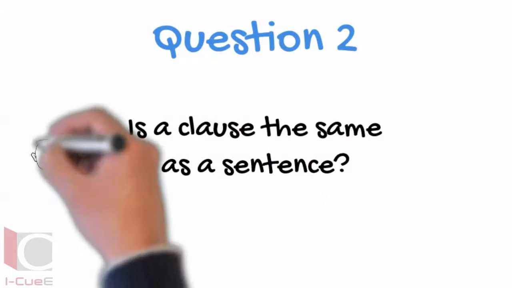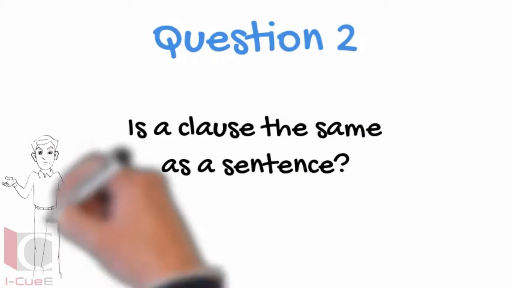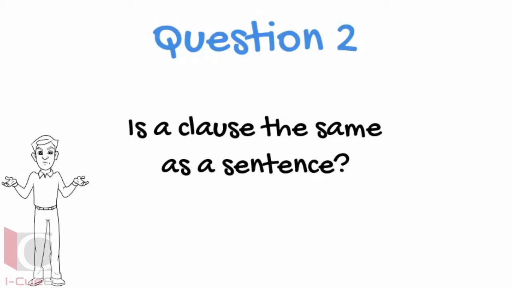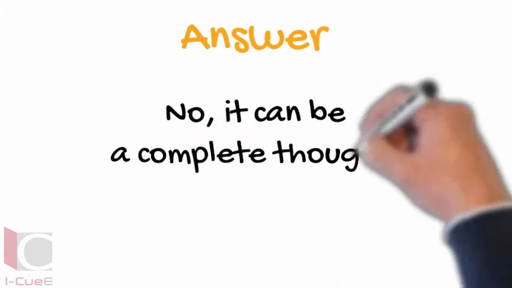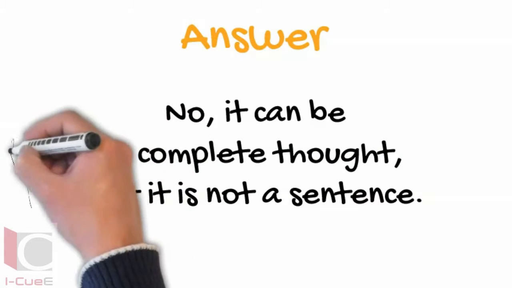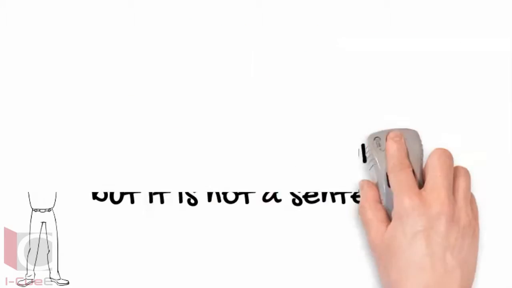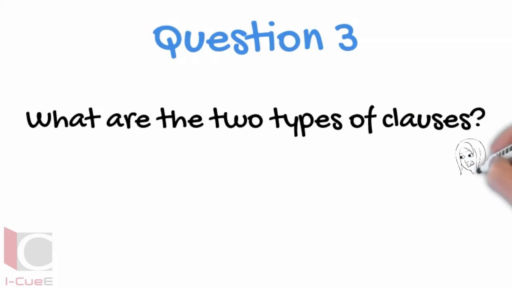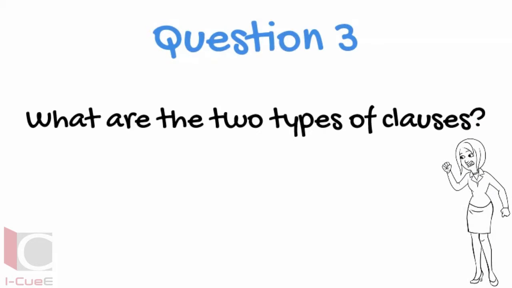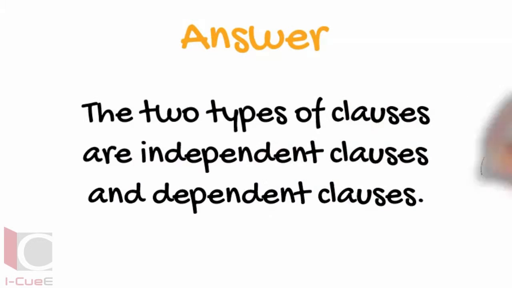Is a clause the same as a sentence? No, it can be a complete thought, but it is not a sentence. What are the 2 types of clauses? The 2 types of clauses are independent and dependent.